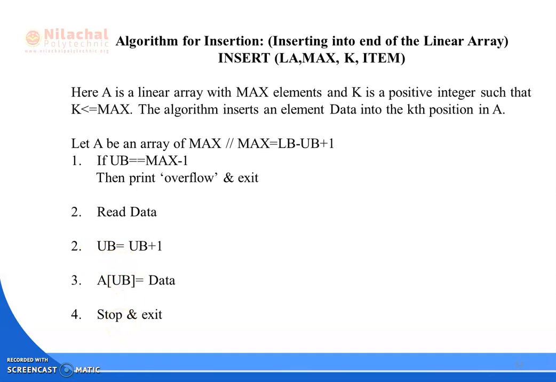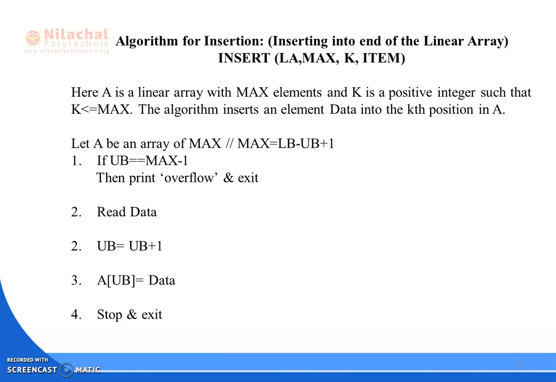Finally, we will run step 5, that is, we will stop and exit. So this is the algorithm for insertion at the end of the linear array, in which at the first step we need to check if the array is overflowing, that is, if the array is full or empty.